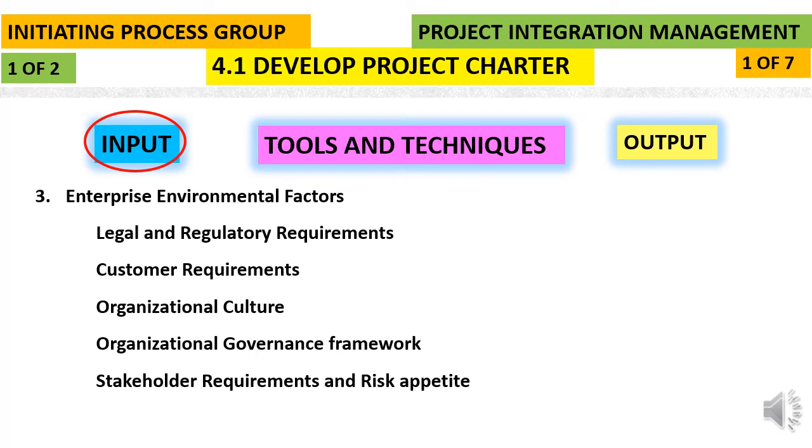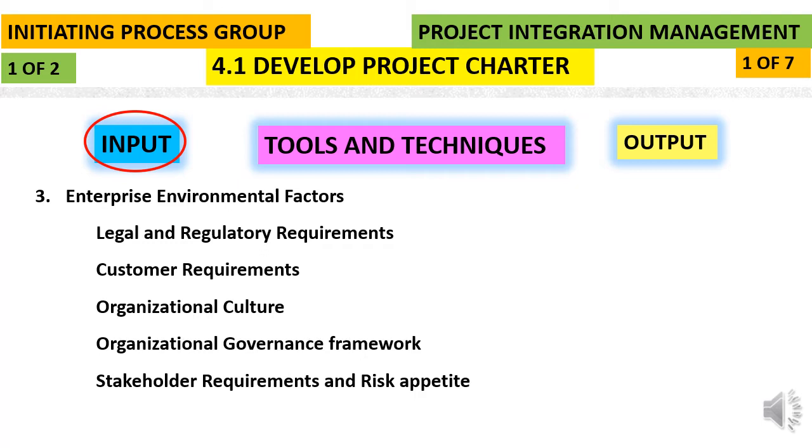The third input for the process develop project charter is enterprise environmental factors. These are all factors which can influence the project execution and project outcome. And some of the factors of the enterprise environment are the industry standards, or we can call it the legal and regulatory requirements, or we can call it the constraints.